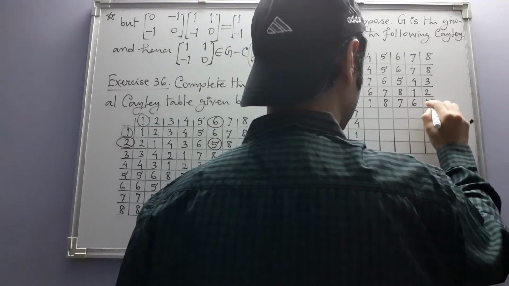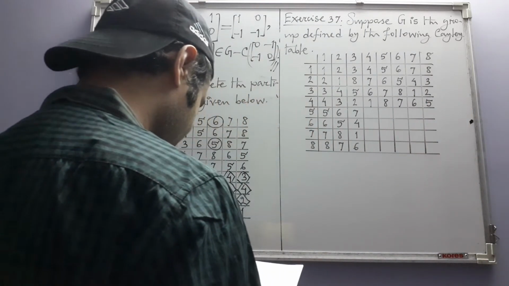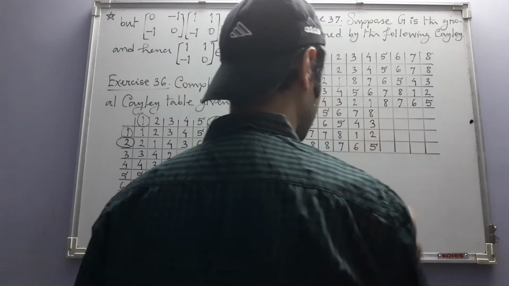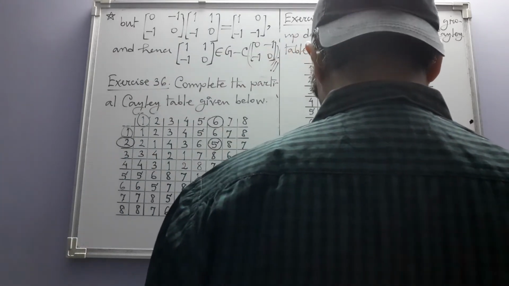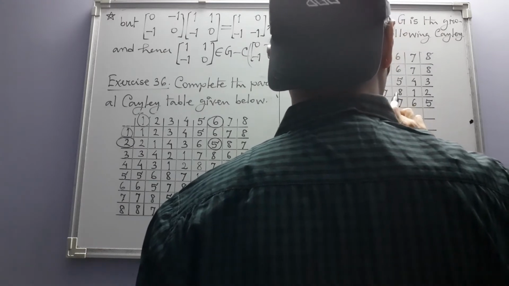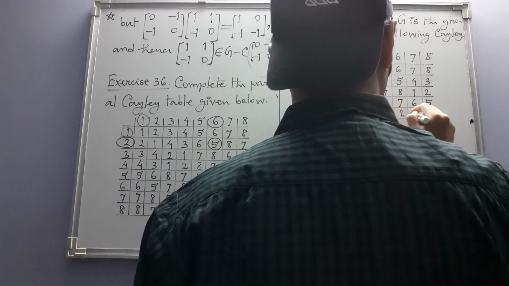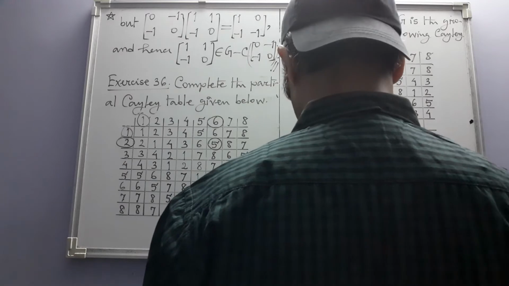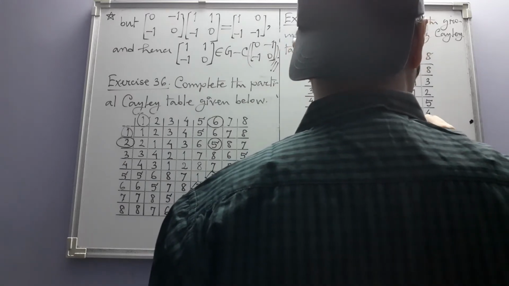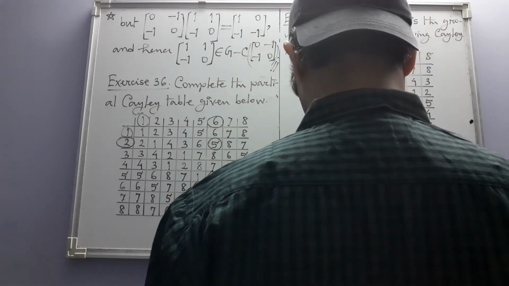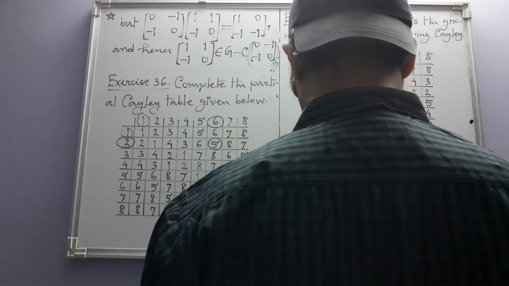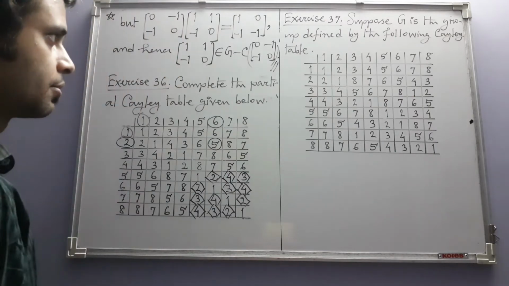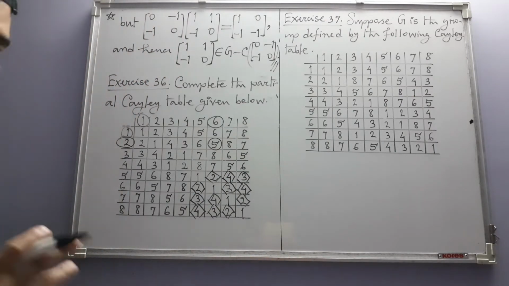Okay. Then 8, 3, 2, 5. 1, 2, 3, 4. Two, 3, 4. 1, 8, 7. 4, 3, 5, 6, 2, 1. So this is a Cayley table of some group.